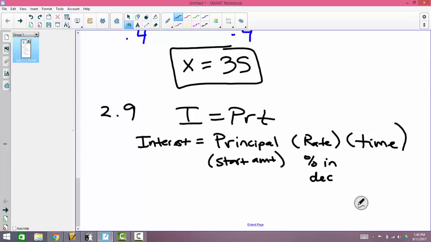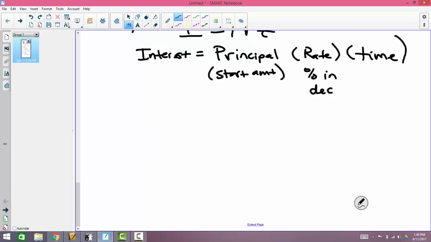So basically, you'll just be given a situation and you plug the numbers in and then you solve for the one that you don't know.